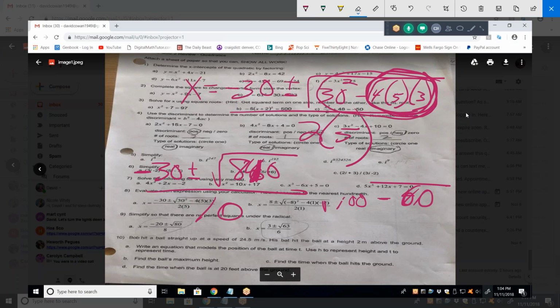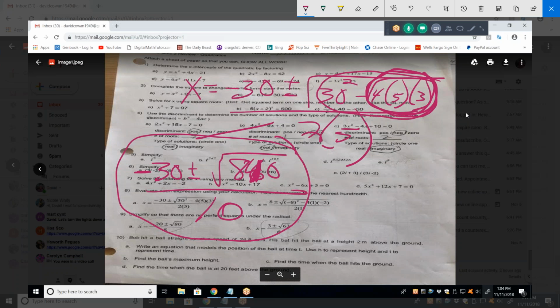Now, what are we doing? Using your calculator. I hate this problem. I really do. Because if you're going to use your calculator, well, then you go directly from there. Your calculator will tell you what the square root of 840 is.